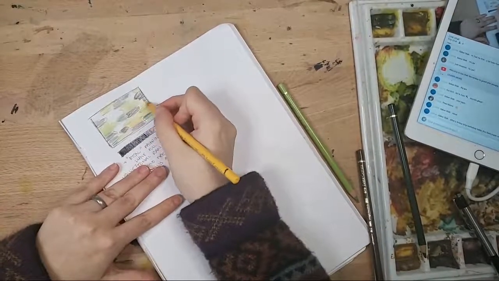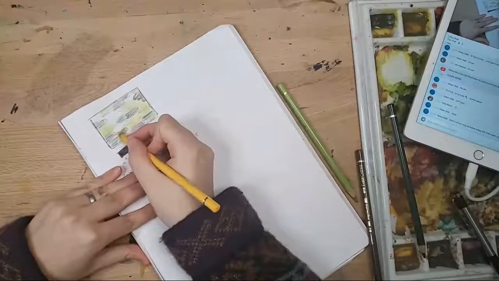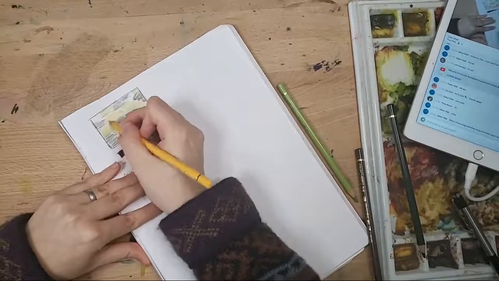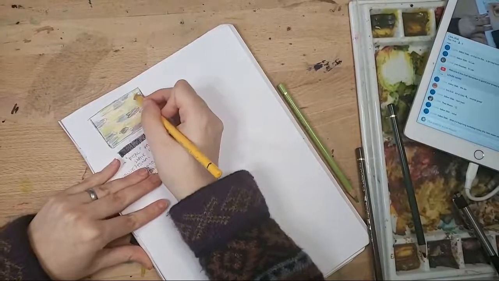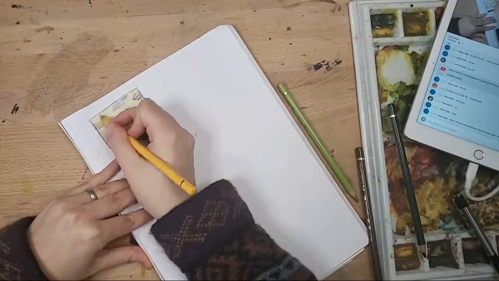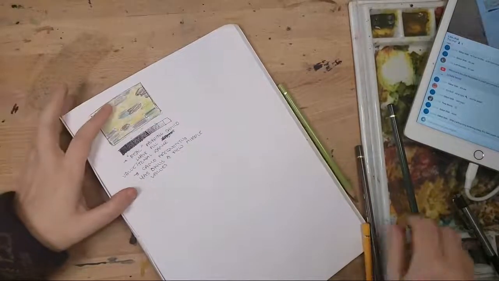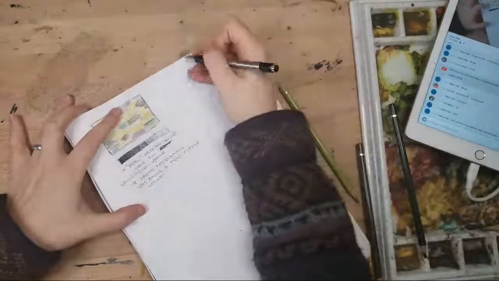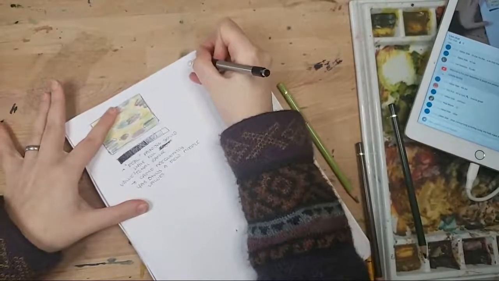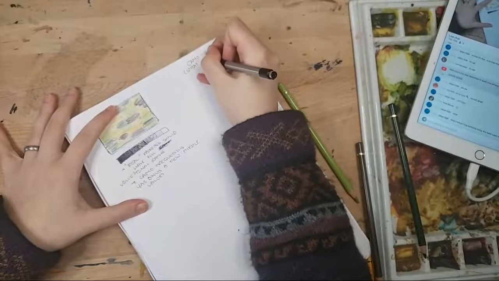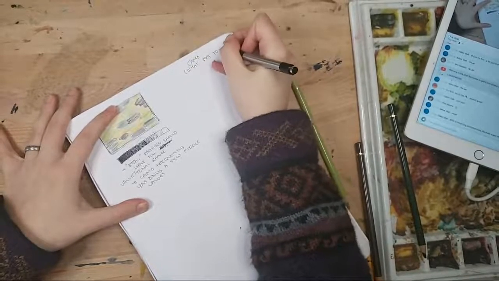So my sense is that camo tends to be all, you're not going to have very, very dark values. You're not going to have very, very light values. Everything's going to be sort of middle values. So camo, what not to do.